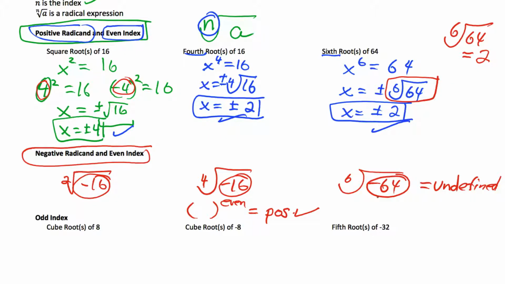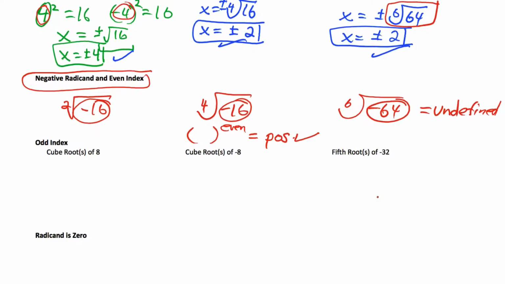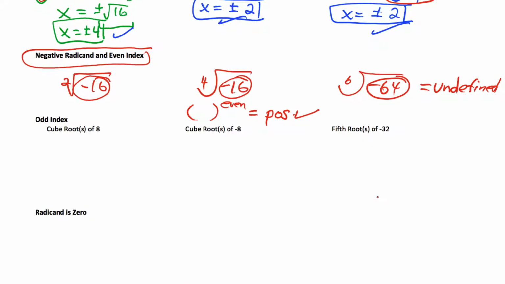All right, so we've looked at all of the situations involving even indices. Let's now look at scenarios where we have an odd index. A cube root, a fifth root, a seventh root, that kind of thing. So if we have a cube root of 8, that means we're looking for something to the third power which is 8.